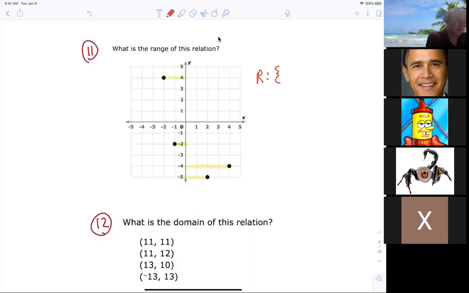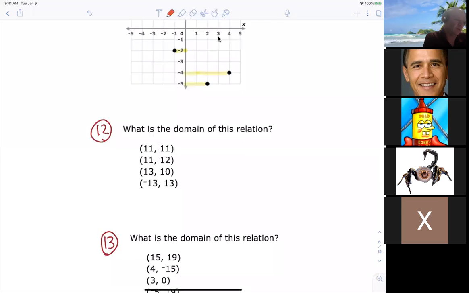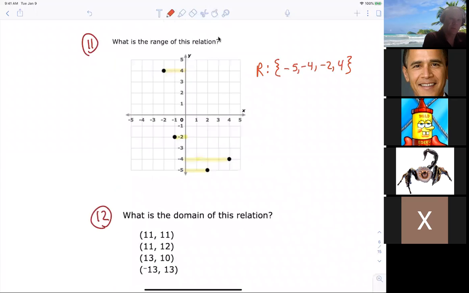Now I start with the low and go to the high. So now you see why I highlighted, so it's easy for me to read. -5, -4, -2, 4. That's called the range. Very good? Can you slow down a little bit? It's hard to write with the mustache. Yep.